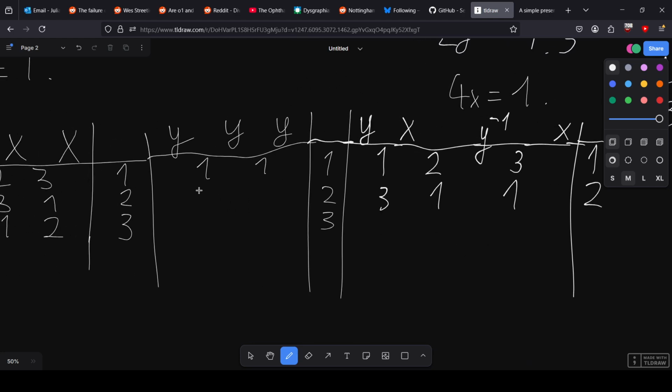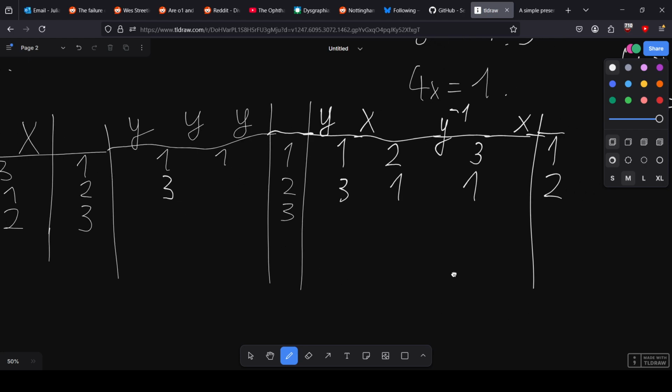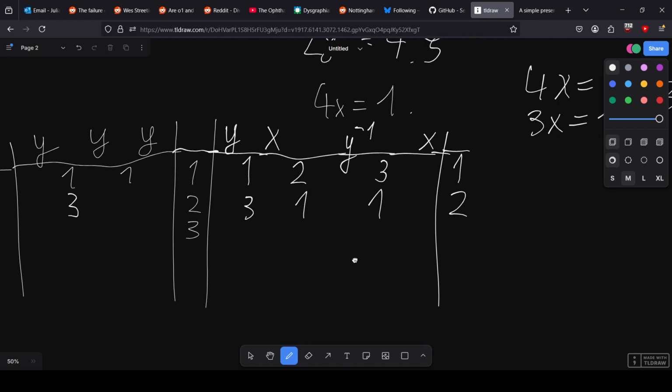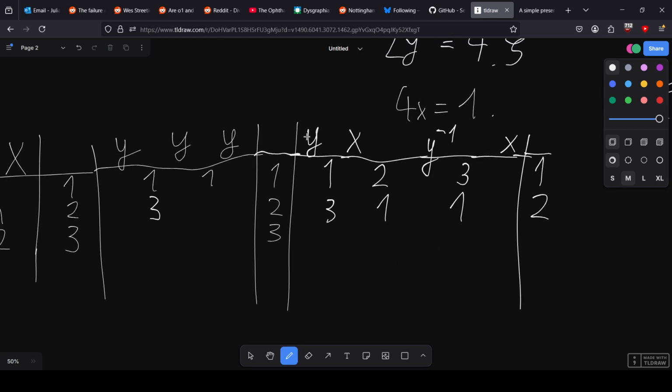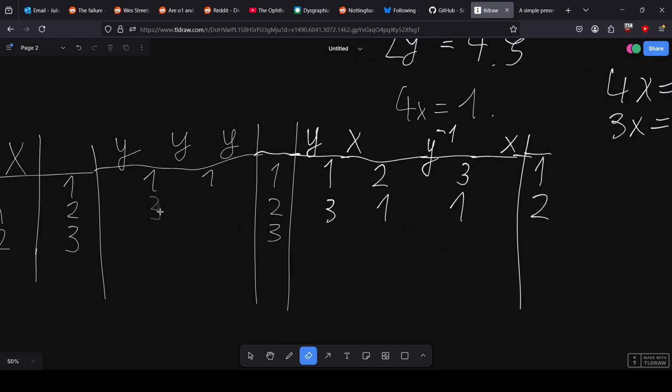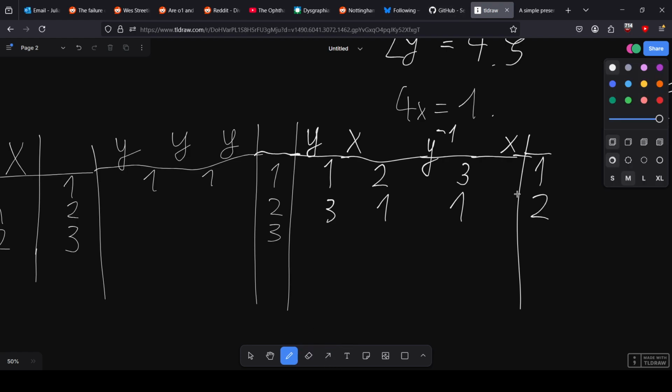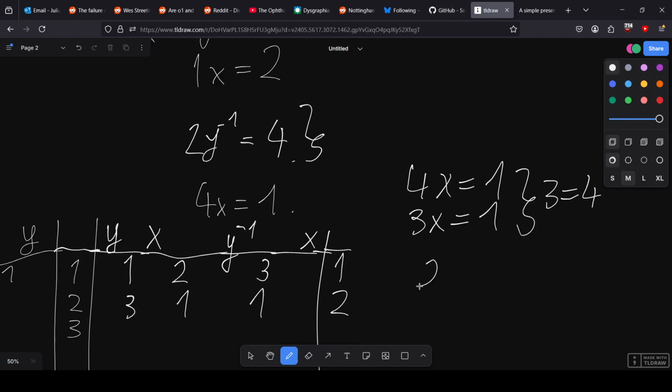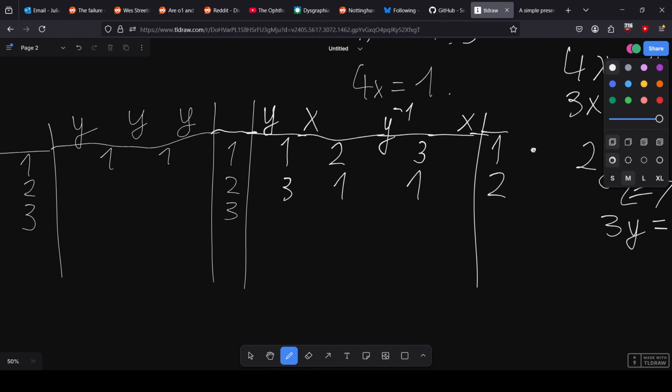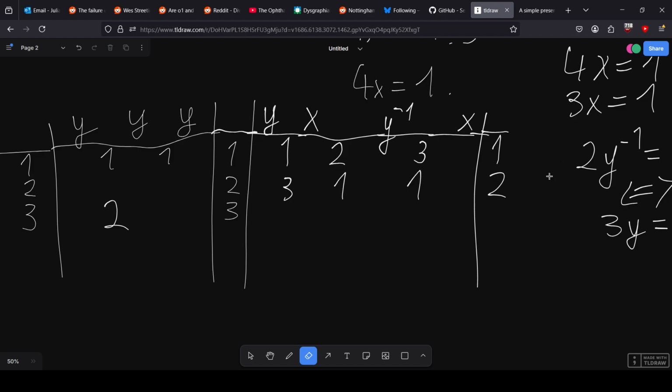But that means that 2 goes to 3 here. Wait, no, sorry. That means that here we have that 2y inverse is equal to 3, which is the same as 3y is equal to 2. So you can write this part over here.